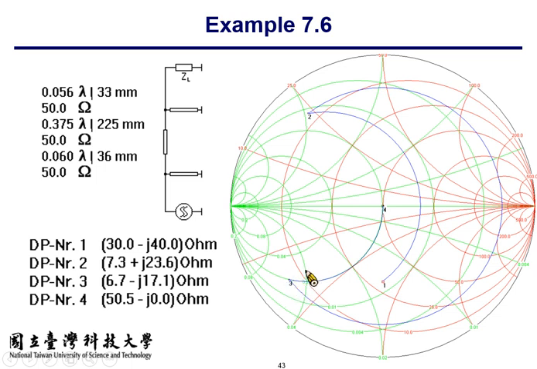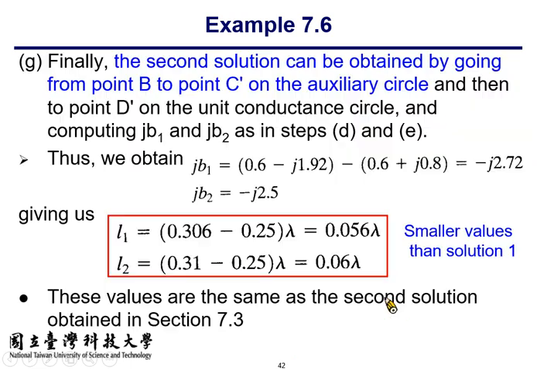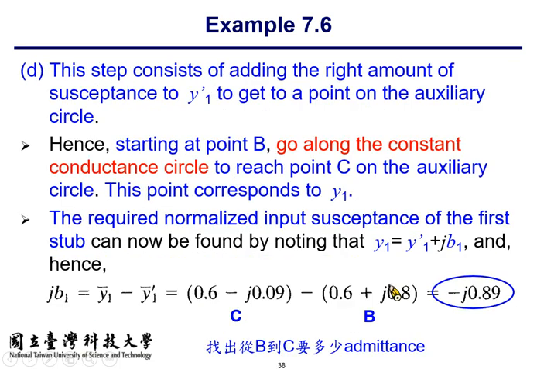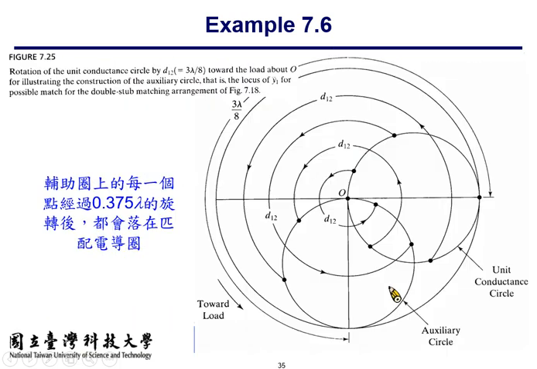Then you go back to the matching point. This is the Smith chart software tool, and it will go back to the matching point.